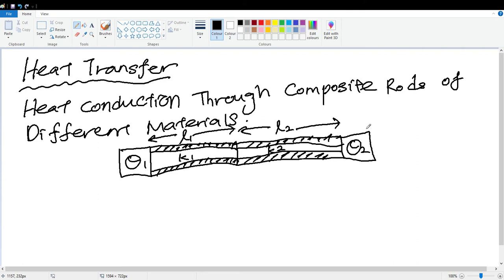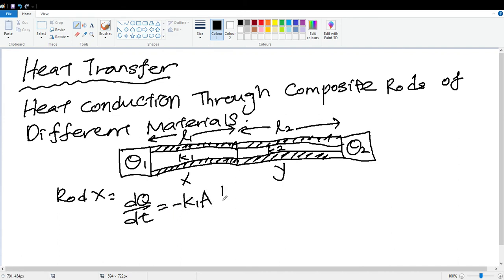We know that for the rod, this one is considered to be x and this one is considered to be y. So the rate of heat flow for rod x is equal to negative K1 A dθ/dx, which is the temperature gradient for rod x.